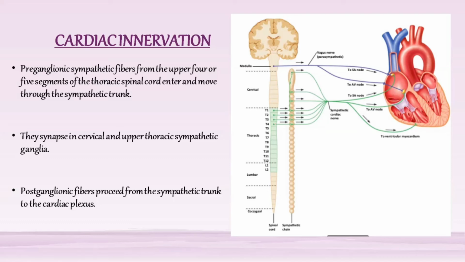The preganglionic sympathetic fibers, look at the picture, this part. The preganglionic fibers arise from upper 4 to 5 segments of the thoracic spinal cord.